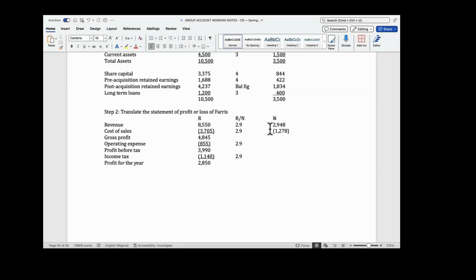So what would the gross profit be? 1670. How about the operating expense? 295, sir.